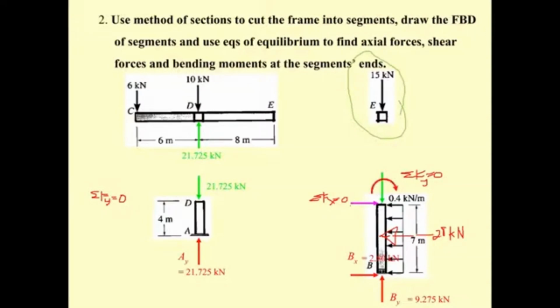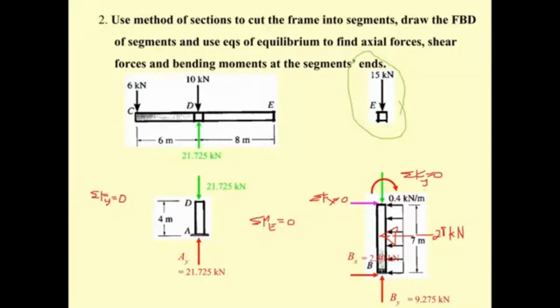Okay, and the last one we can compute is the moment, by summation of the moment about this point, about point E, and then this is going to be 0. Before that, let me take a note on this.